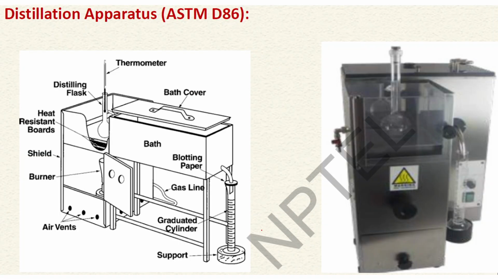So basically, this is the standard distillation apparatus, ASTM D86. This is a round-bottom flask, where we take the sample crude oil. It is heated by this burner, and a thermometer is inserted in this flask.